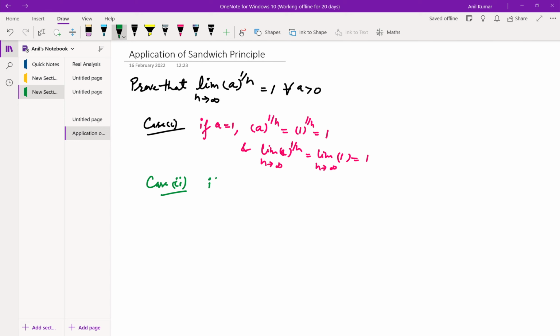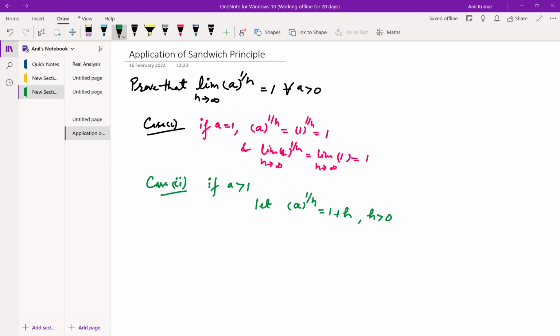if a is strictly greater than 1, then let this a raised to the power 1 by n be equal to 1 plus h, where h is greater than 0.